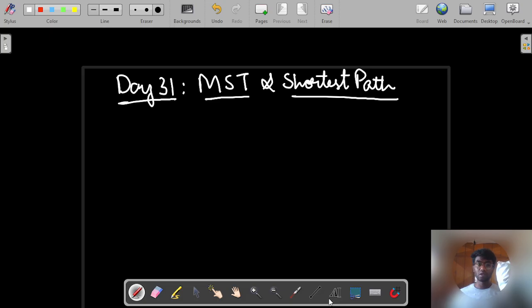So let's understand shortest path algorithms based on different types. As I said, examples might be distance between cities.